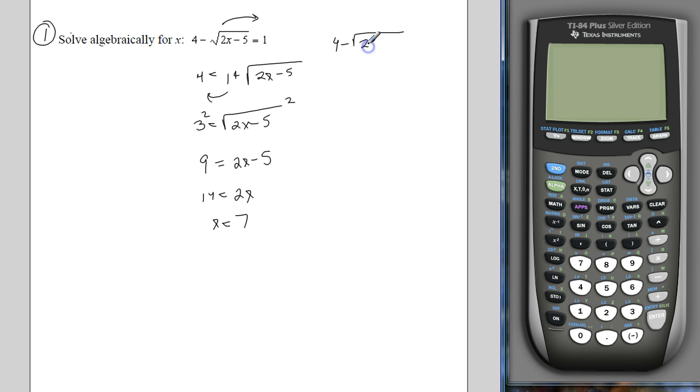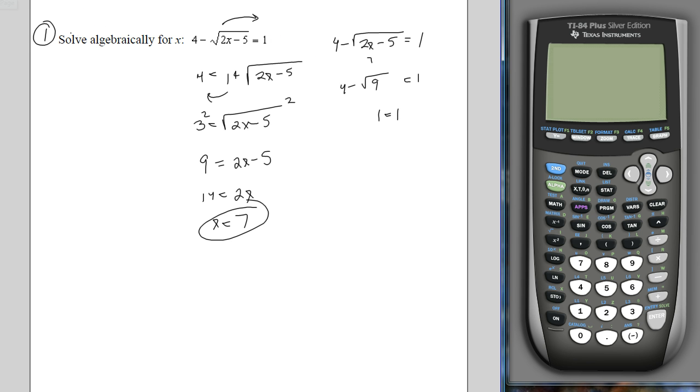Just plugging in and checking is a really good way if it's multiple choice. You can just plug in the answers and see which ones work. So if I plug in 7 here, I get 14 minus 5 is 9. The square root of 9 is 3. Does 4 minus 3 equal 1? The answer is yes, 1 equals 1. This is a good answer.